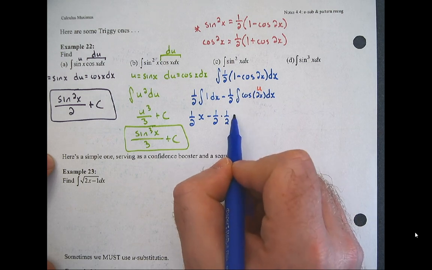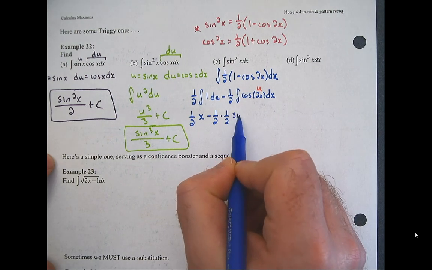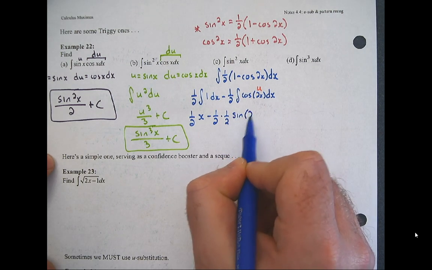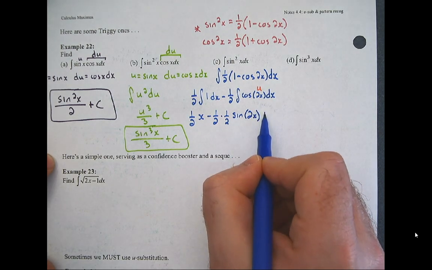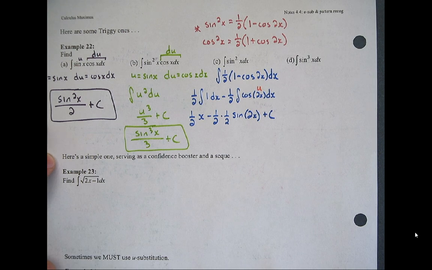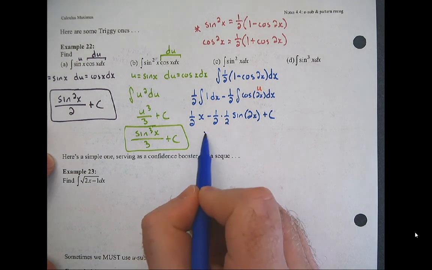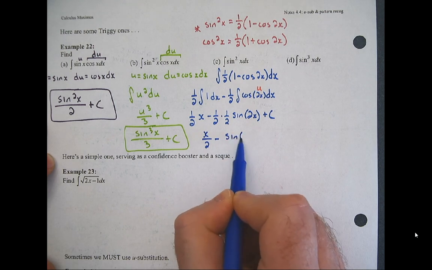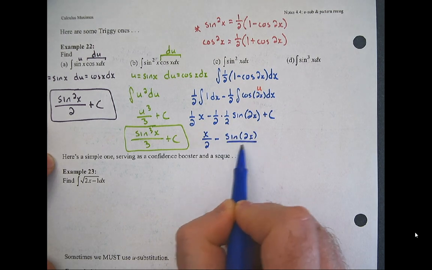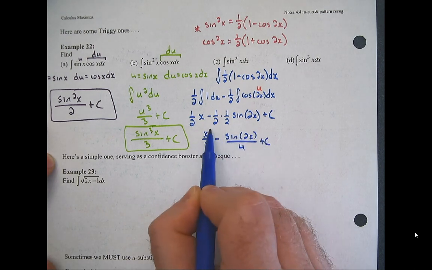Integrate cosine. The integral of cosine is sine of u. And then I can put my plus c here. Maybe we clean it up a little bit: x over 2 minus sine of 2x over 4 plus c.